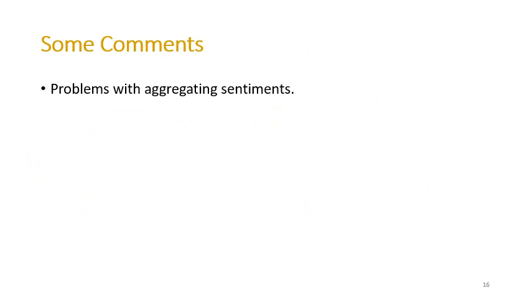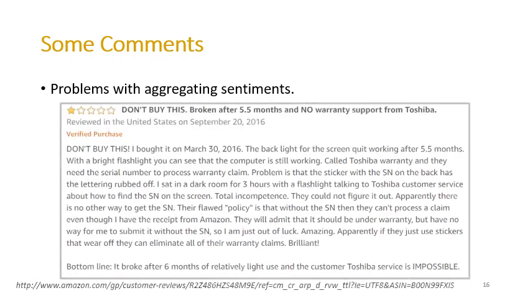And then I also like to address the problem with aggregating sentiments. So sometimes when we would like to know the sentiment of a sentence, we aggregate or average the sentiment from each word in that sentence. When we have a paragraph or a review, sometimes people also use the approach of aggregating or averaging the sentiment from each sentence in the review.